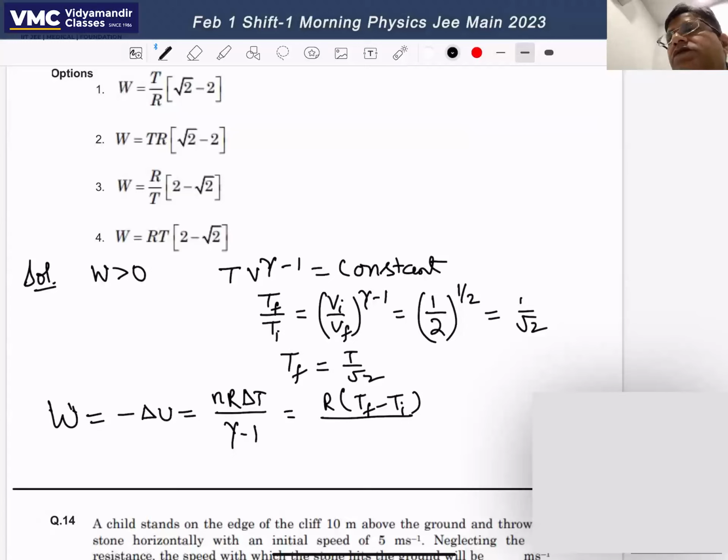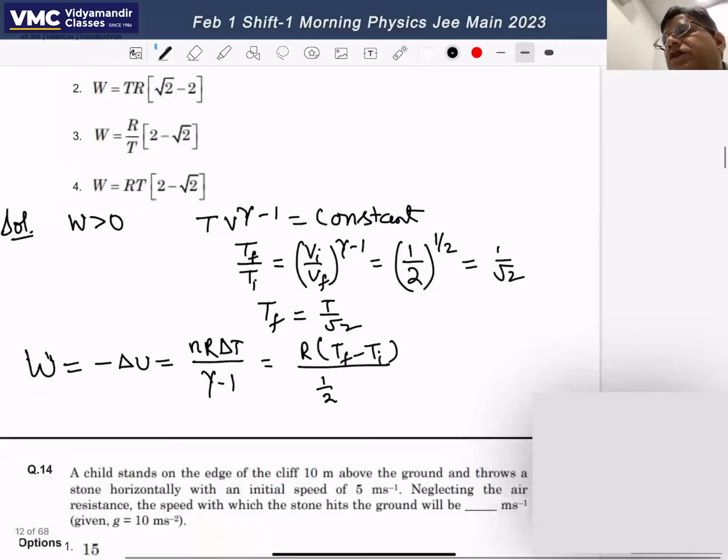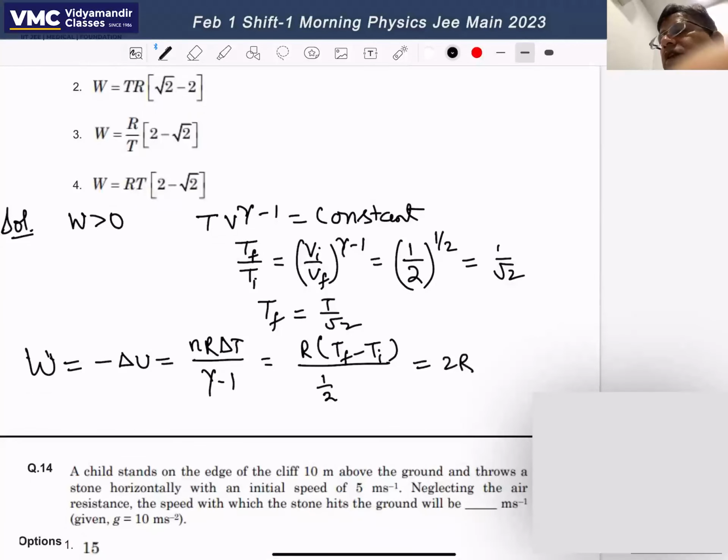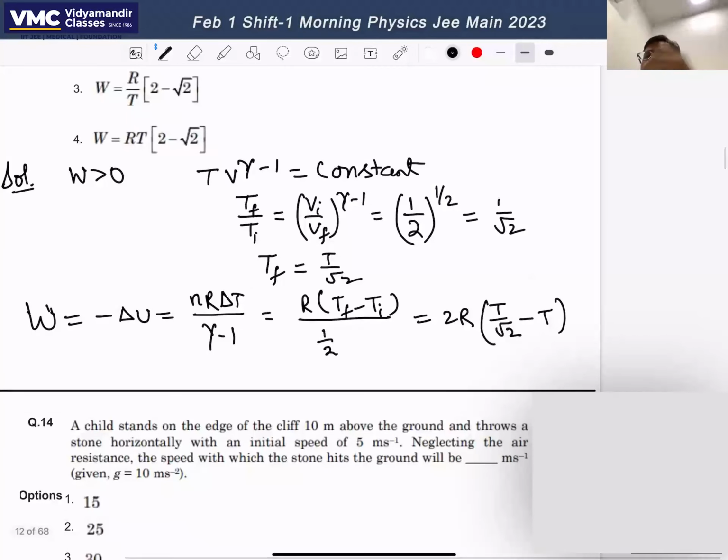For gamma 3 by 2, minus 1 is half. So it will be 2R times the final temperature, that is T by root 2, minus the initial temperature, that is T.